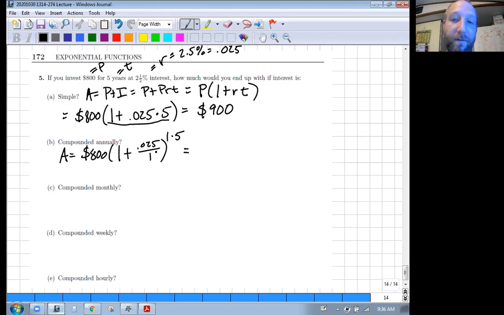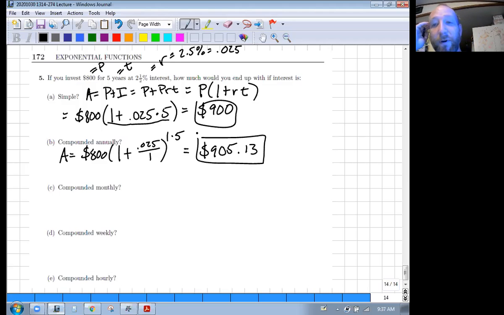So we have 0.025 plus 1 to the power of 5, now times 800, which is $905.13. So we gained an extra $5 by compounding annually instead of waiting till the end of the 5 years.